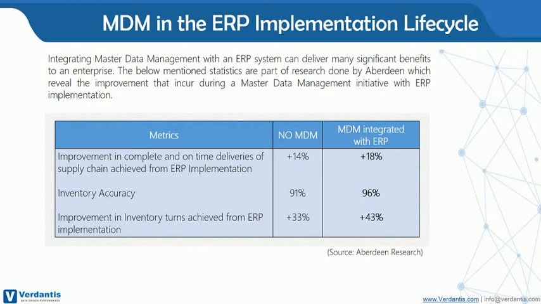There's a 4% improvement for those organizations that have MDM integrated with their ERP implementation for complete and on-time deliveries of supply chain items. This is input value chain. There is a 5% increase in inventory accuracy.